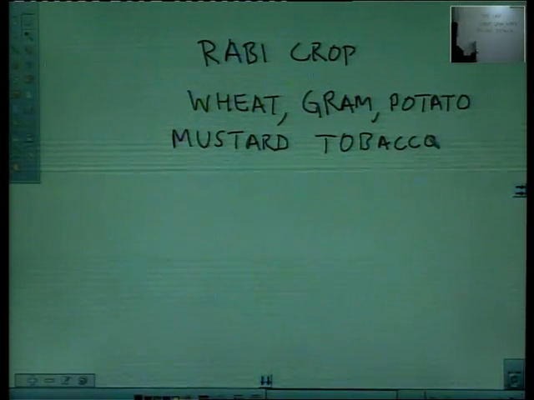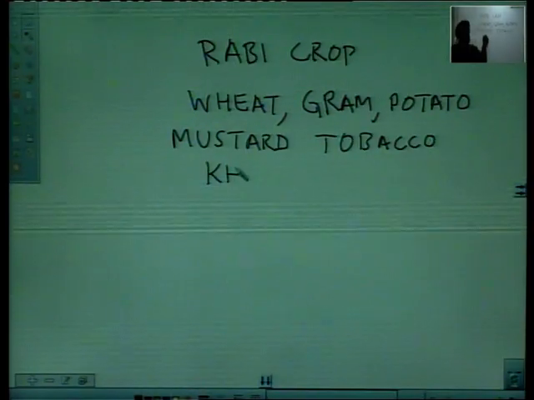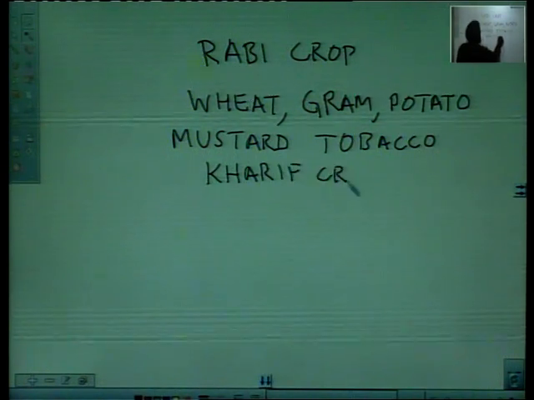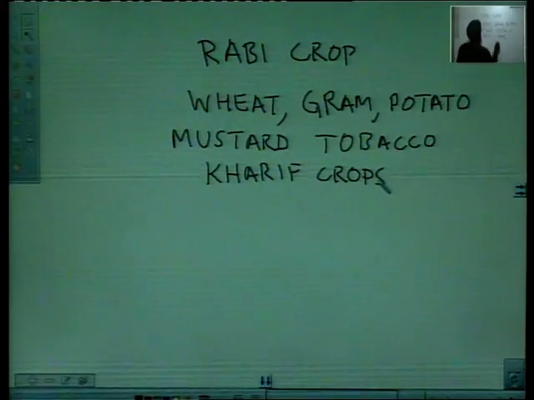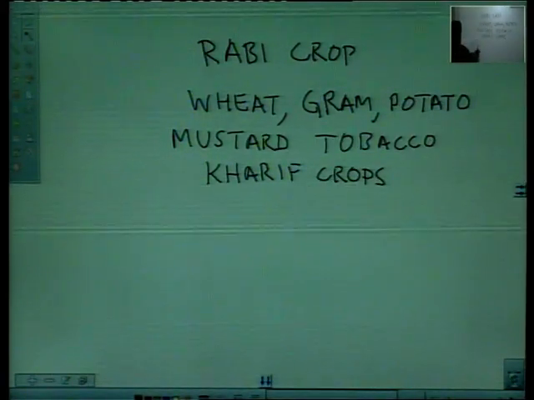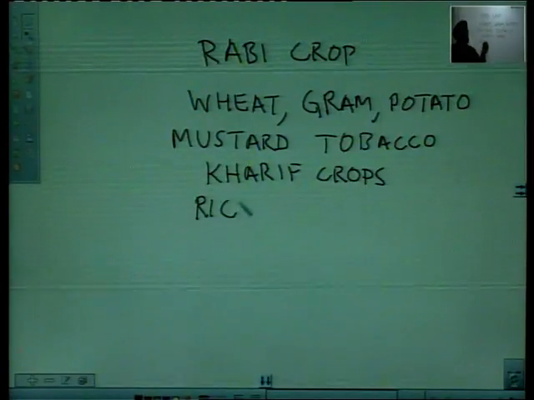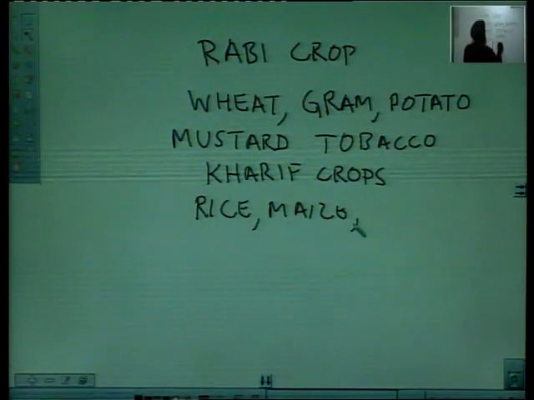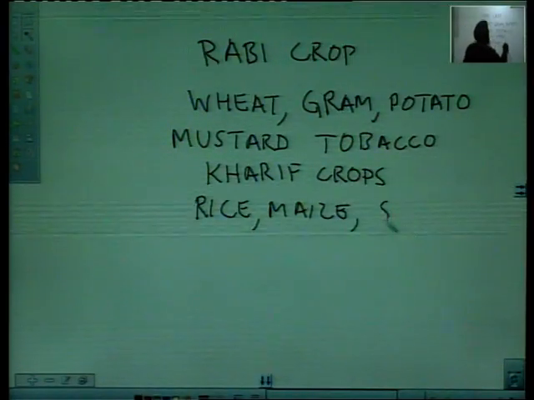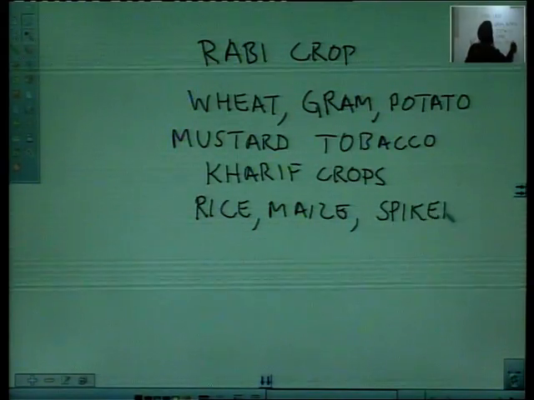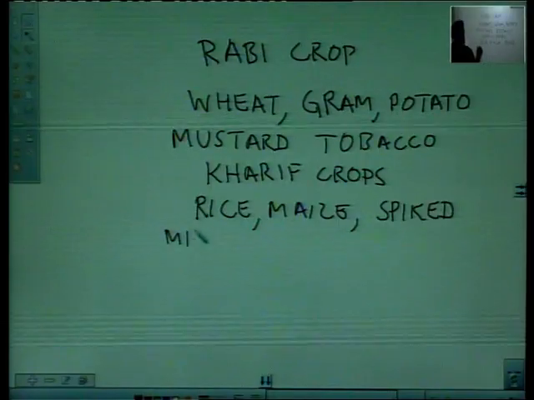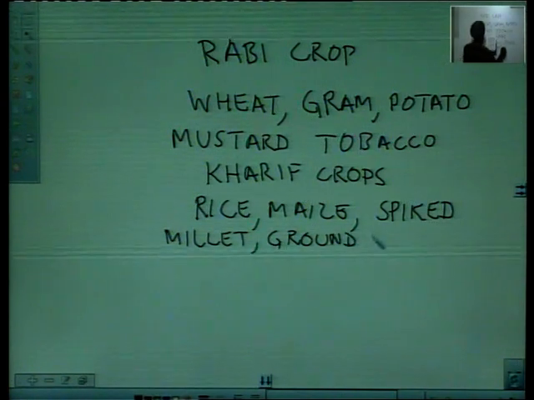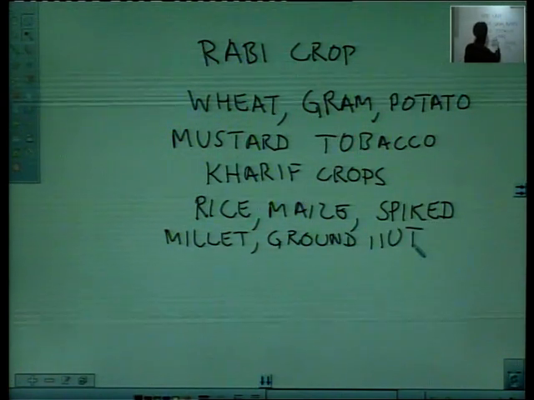Then we have kharif crops. In this we have rice, maize, spiked millet, groundnut, pulses.